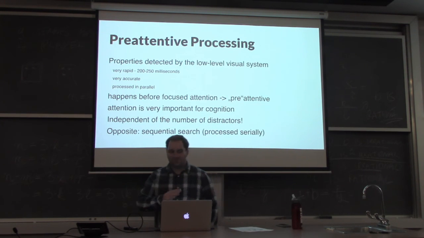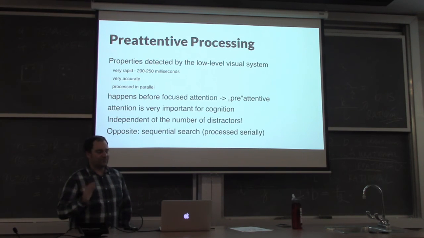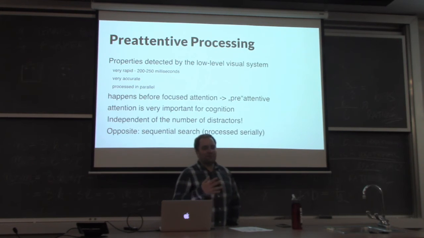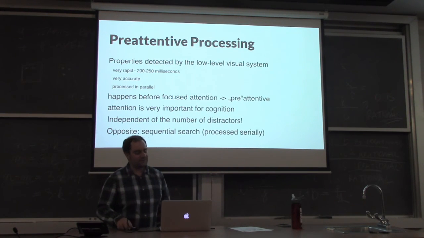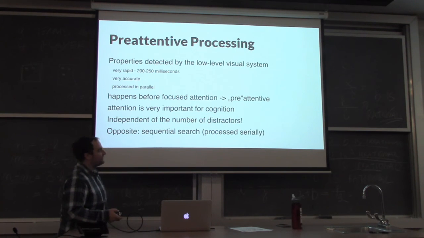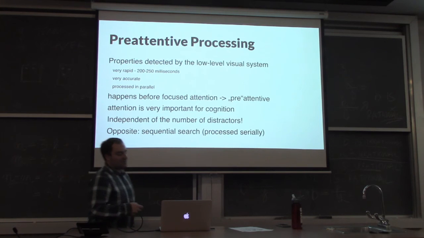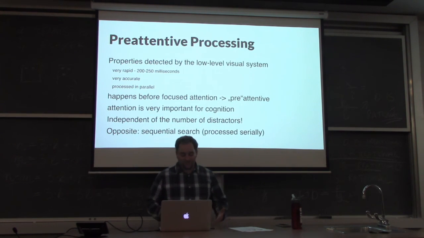In reality, there is a spectrum of how fast we perceive something, but for the purpose of this class, we will simply say there are certain aspects of a scene that can be pre-attentive, where we don't have to think about it and can quickly identify it. This is very rapid, 250 milliseconds. It's very accurate, and it's processed in parallel. So this is what happens before focused attention.